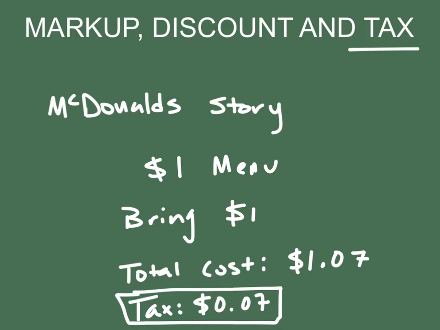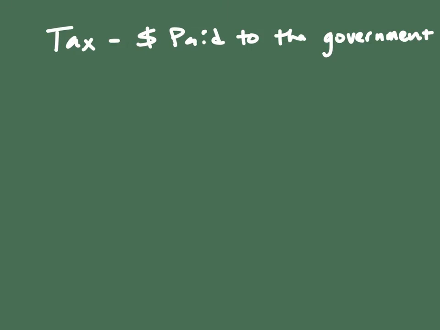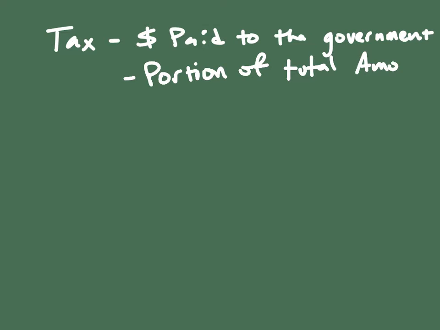So let's talk about what tax is. In simple terms, tax is money paid to the government, all right? And so what I like to think about it as is a portion of a total amount, all right, that then goes to the government, all right?